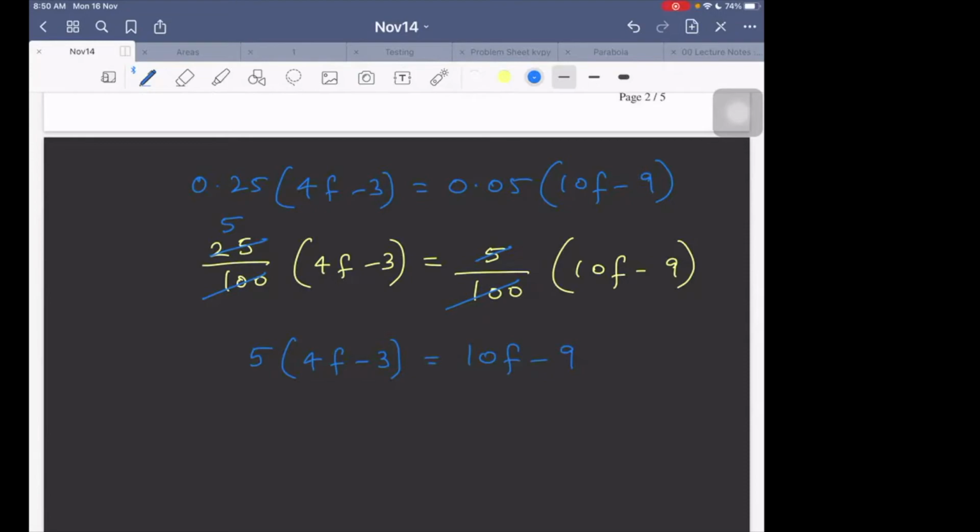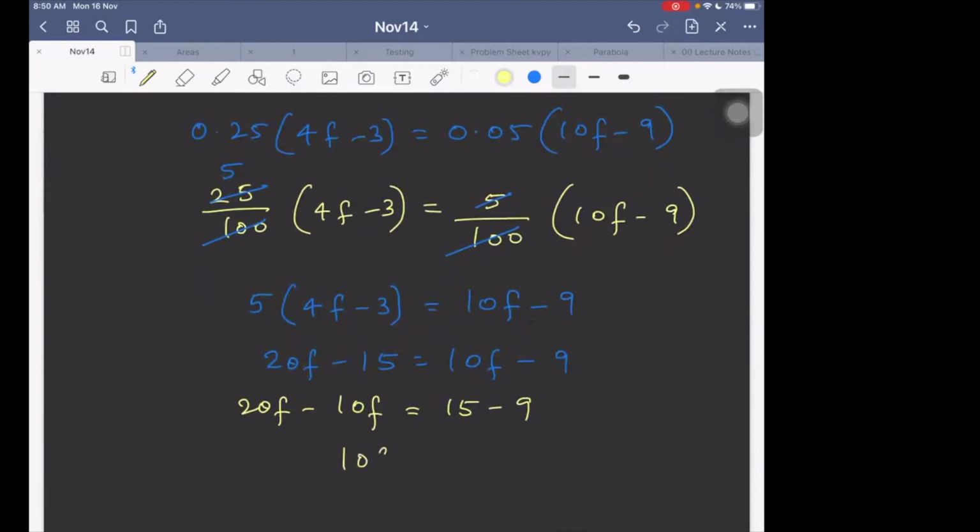Now you just multiply. We have 20f minus 15 is equal to 10f minus 9. And so we have 20f minus 10f is equal to 15 minus 9.